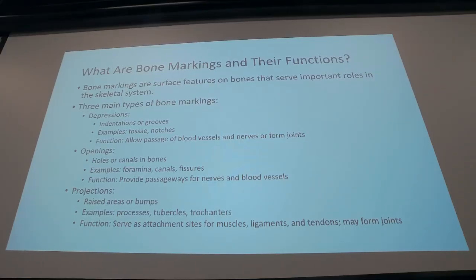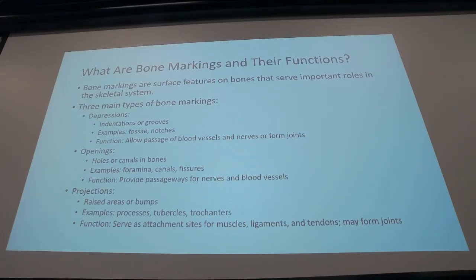Depressions can form joints, but not these openings. Now, the names of these openings can be foramina. Foramina is plural for foramen. We can have canals, and then we can have fissures. Sometimes some foramina can be perfectly round, sometimes they can be oval. Sometimes these holes can have jagged, irregular edges, so these will be the fissures.